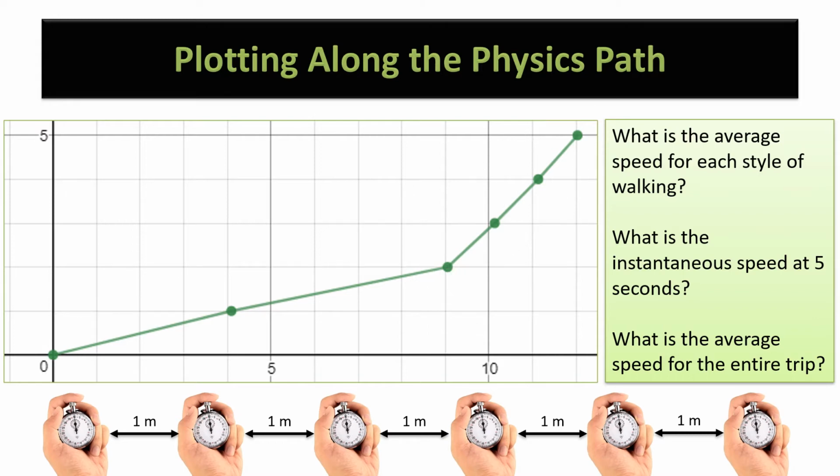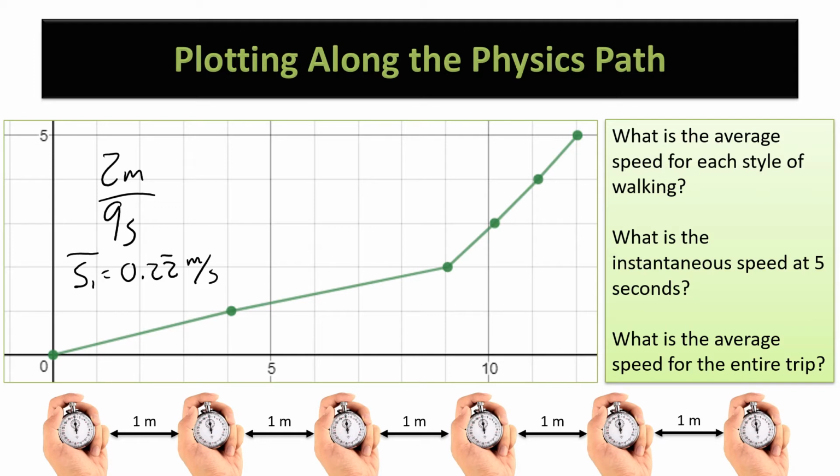So what is the average speed for each style? And the way to do the average speed is the total distance over the total time. So we went 2 meters divided by, and that looks like 9 seconds. So the first speed was 0.22 repeating meters per second. And we could even put a bar above this because it's the average speed.